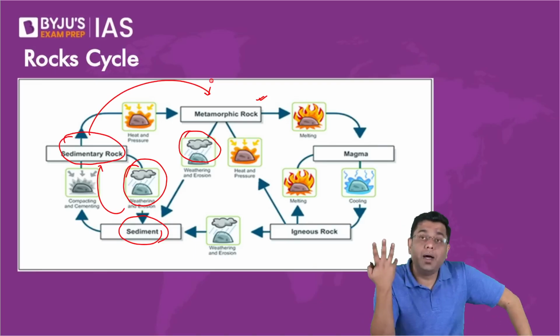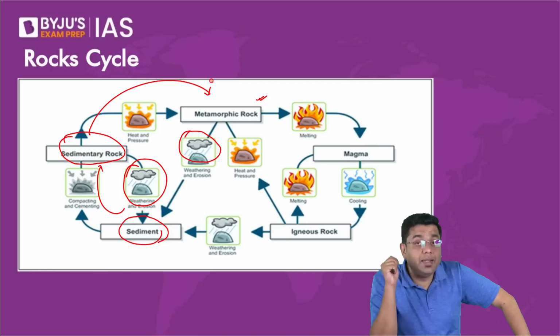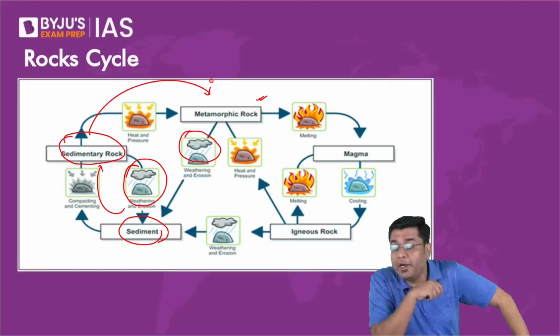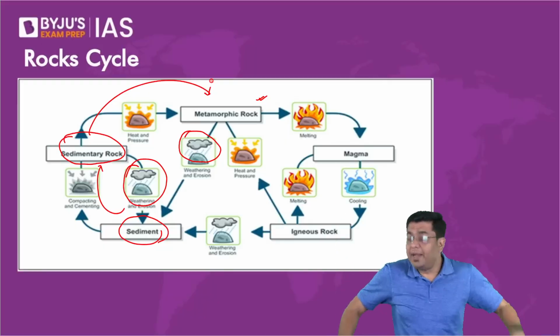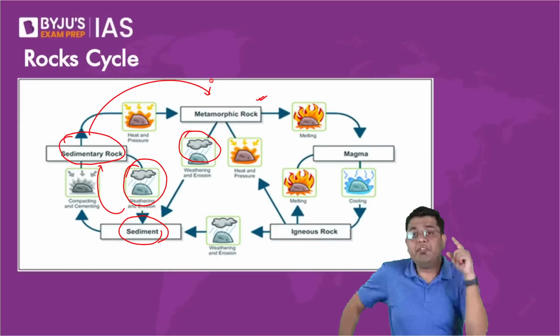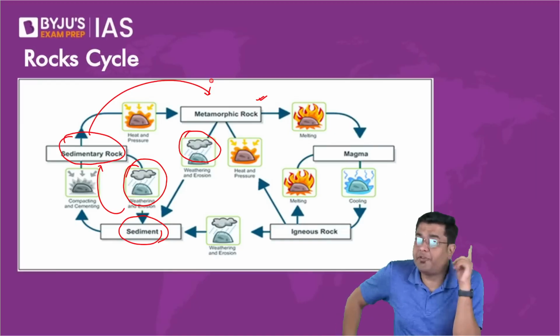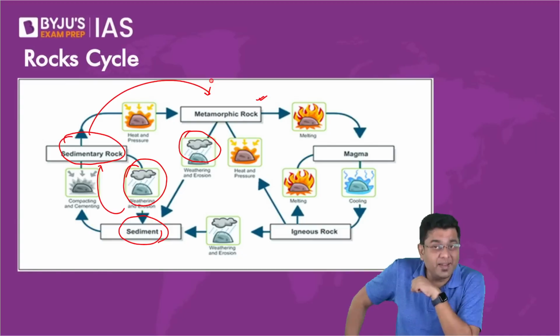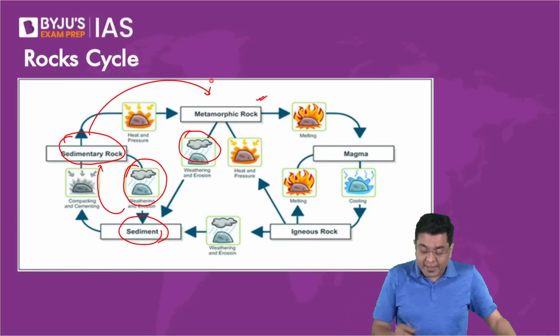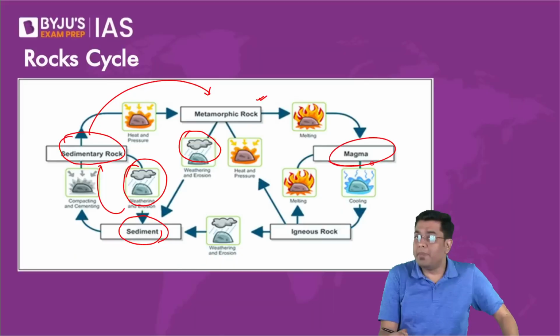So that magma can cool down in the interior itself, forming an intrusive igneous rock, or it can come out as lava, right? Molten materials, when present in the interior, are referred to as magma. And when the same molten materials emerge on the surface, they are referred to as lava. So that metamorphic rock can get converted into magma due to melting.